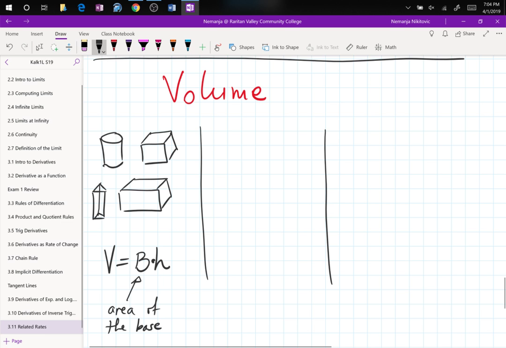The second, so these are prism-like objects. In the middle, I call them spiky objects. You have your cone, you have your pyramids. So if they go into a spike, the volume is 1/3 area of the base times height.